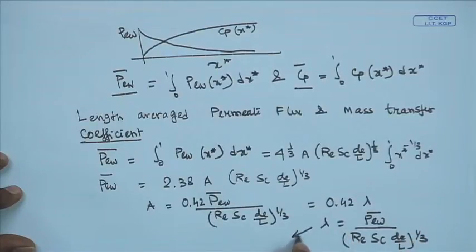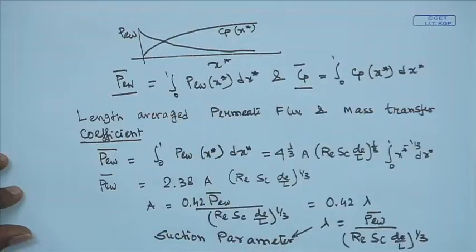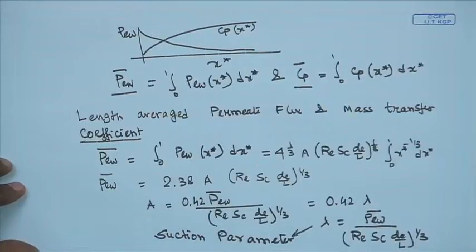This lambda is also known as the suction parameter. It is a non-dimensional suction parameter. It indicates that the wall is really porous, and if the wall is impervious, Pw equals 0 and the suction parameter will be 0.